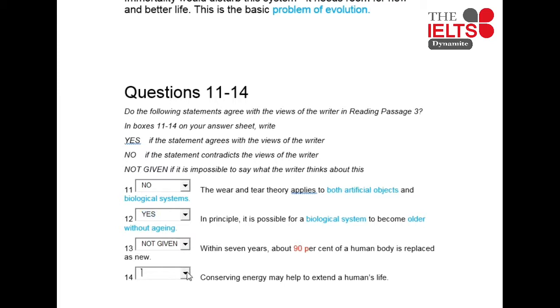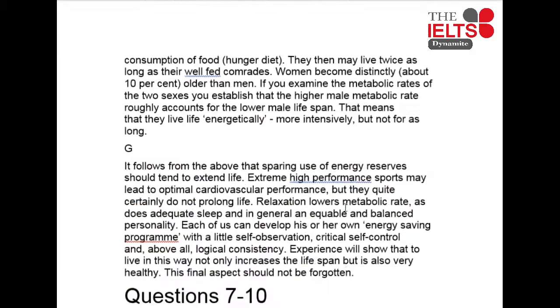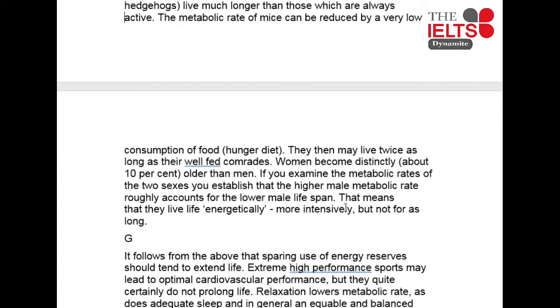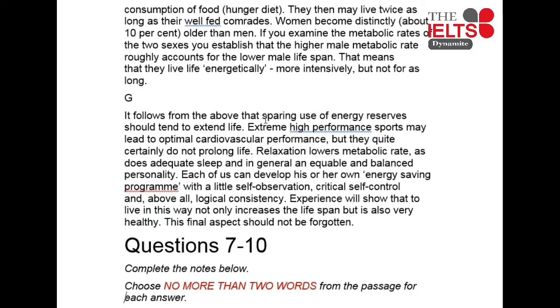Number 14, conserving energy. Conserving energy may help to extend a human life, can help to make human life longer. Let us see in the passage here. That's the last point, so maybe we will find it in the end. Polycrate, mice, he's talking about mice here. Let's see where he's talking about energy. Yes, here. See, sparing means like conserving, like saving.